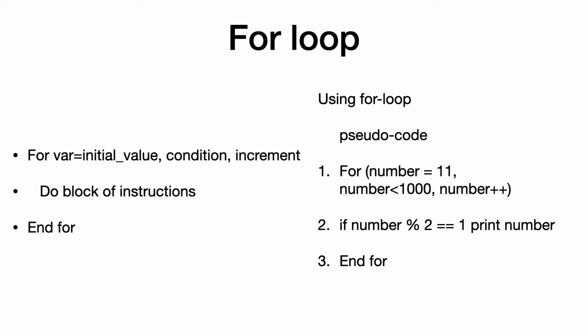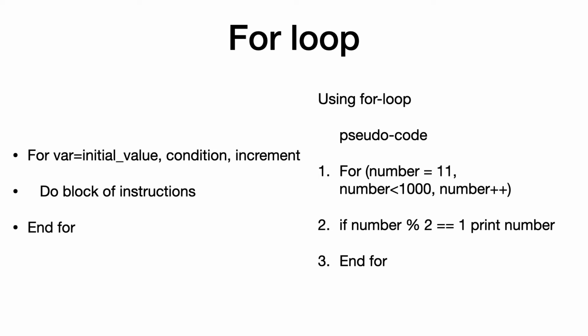We also have another type of loop, which is a for loop. This loop is a precondition loop, so it first checks if the condition holds before it executes the block of instructions. But this structure allows us to give an initial value to a certain variable, to state the condition, and to state the increment in just one line.